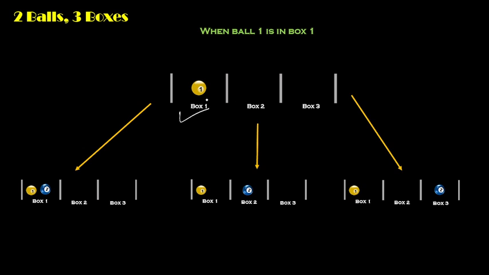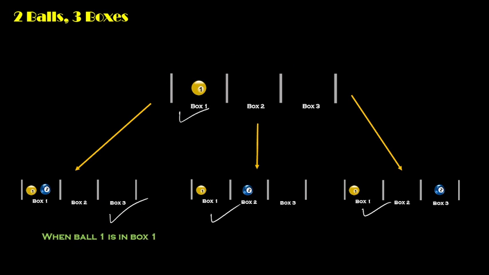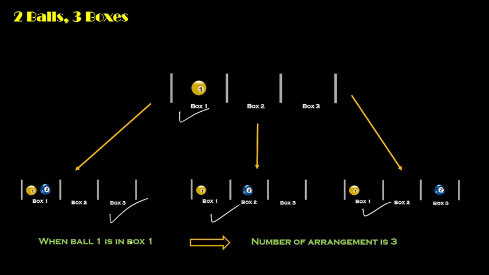So with ball 1 in box 1, we have 3 distinct arrangements for 2 balls in 3 boxes. This is first, second and third. But ball 1 can be in box 2 also, or in box 3 also. And correspondingly, we will have 3 arrangements of 2 balls for each of these 3 arrangements for ball 1 in 3 boxes. So when ball 1 is in box 1, we have 3 distinct arrangements of 2 balls in 3 boxes.